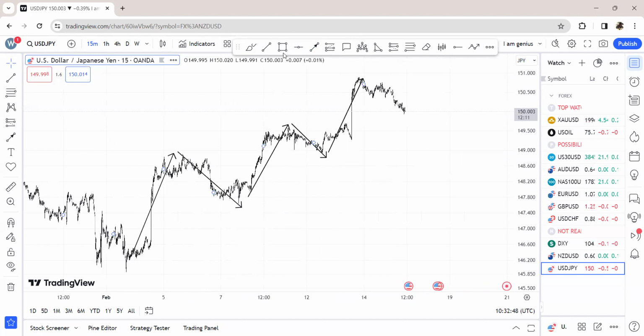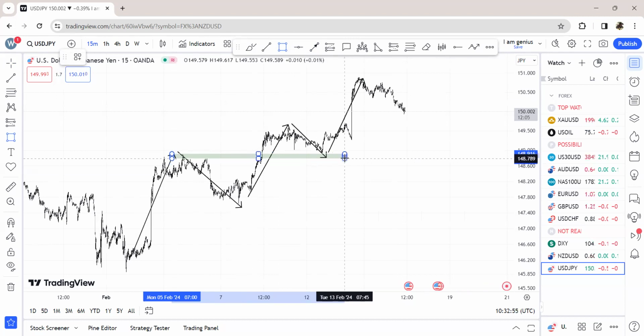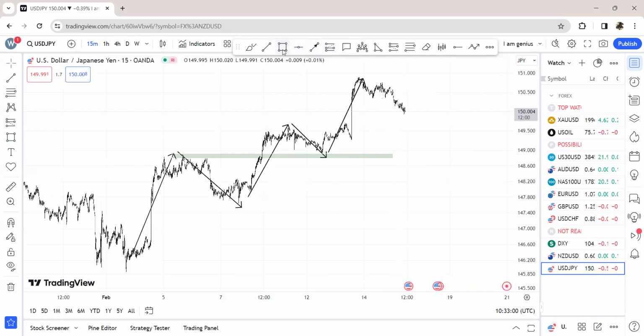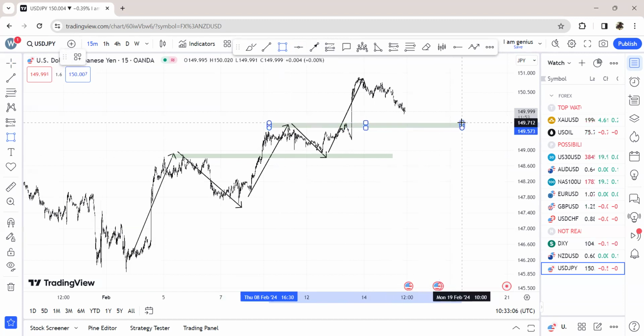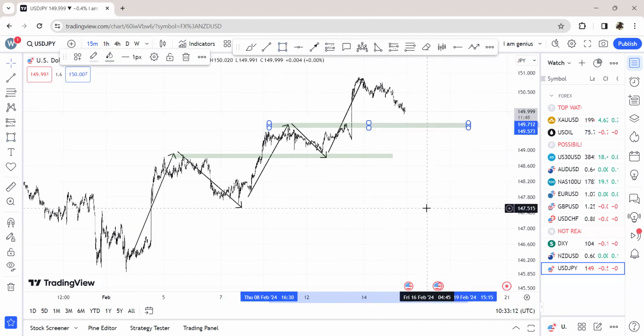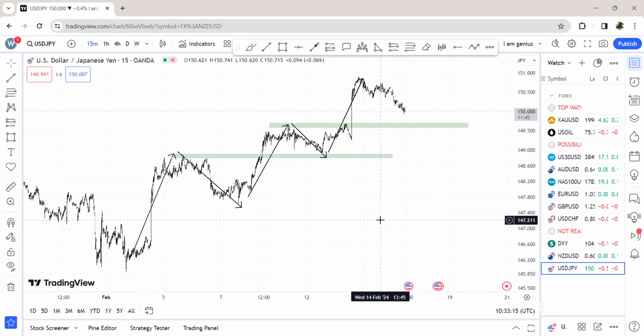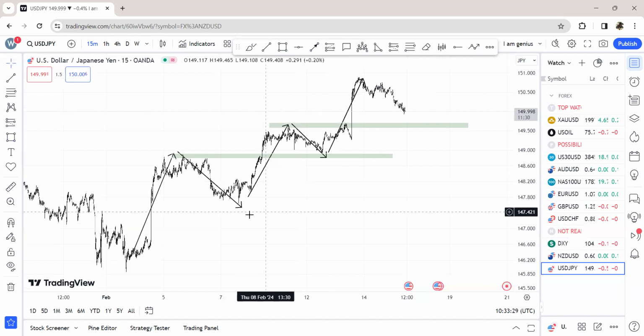If you pay attention, you notice that this was the highest point the market had reached before it started going down. So that level there. And then we also have this level as well. With just those two levels, even if you didn't know about this point, you can tell the market will come back to this level and then you take that trade, buying or going long.